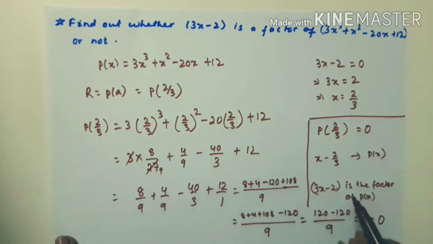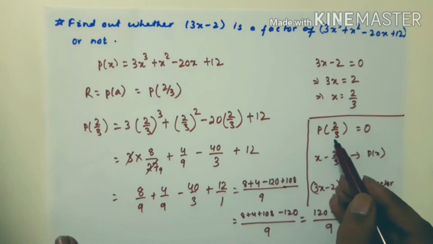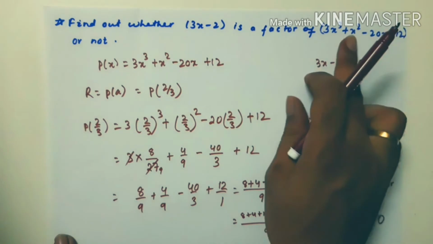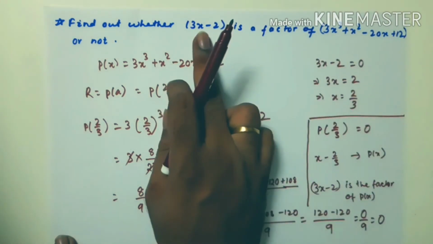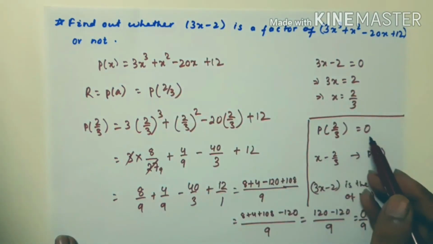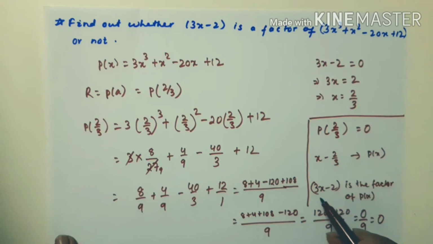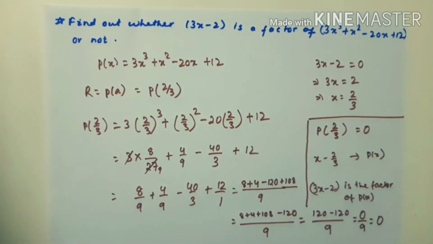As we can see, this is the remainder whenever we divide P of x by 3x minus 2. Now we have got the remainder as 0, so directly we can write 3x minus 2 is the factor of P of x.